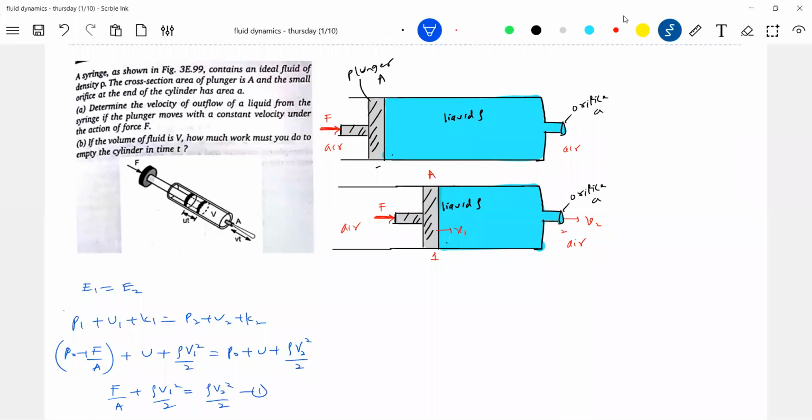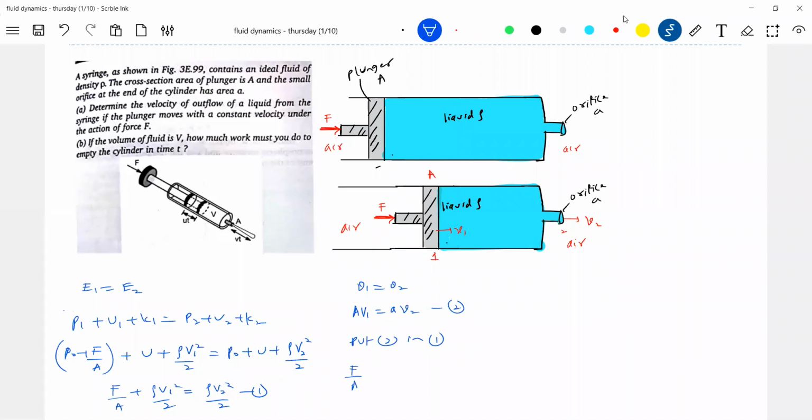Equation 1. Let's write the equation of continuity. Q1 equals Q2. What is the flow rate at 1? Area of cross section of the plunger A into V1. The liquid will emerge out at the orifice with a speed V2. Area of cross section of the orifice is a, so a V2. Put 2 in 1. Let's eliminate V1.